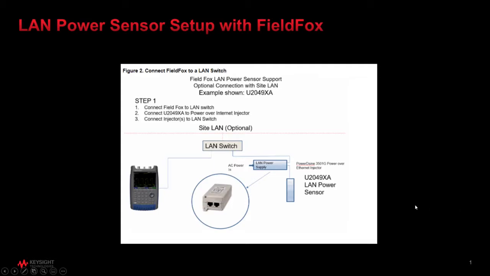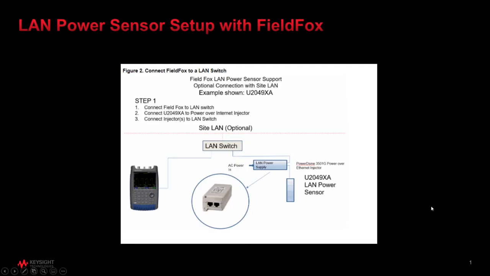You would also notice that you would have an AC power in to turn on the PoE injector. In this diagram, it's a U2049XA. In the demo that I'll be doing, it's a different model, and we will go through that in a little bit.